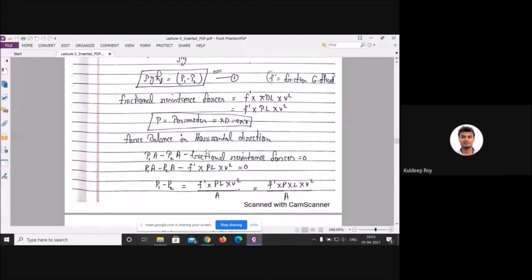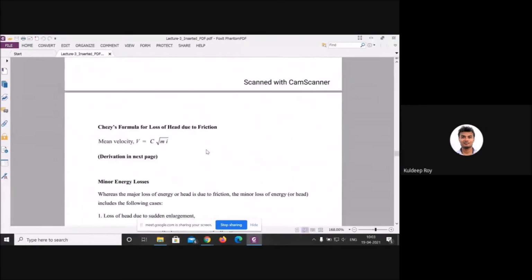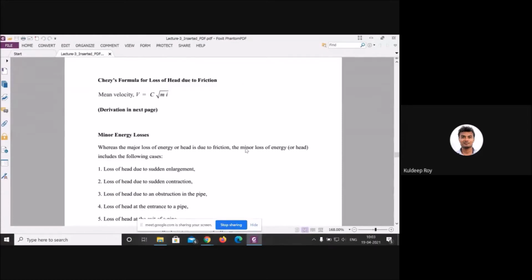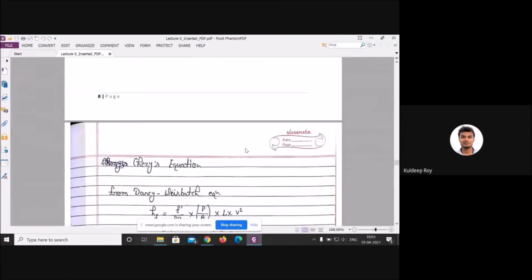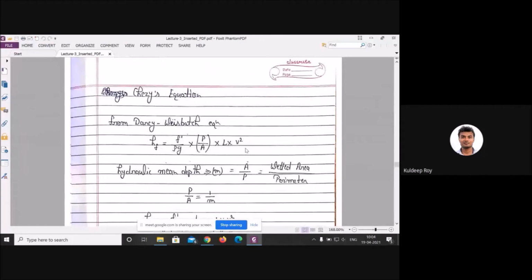Now second is the Chezy formula for head loss. As I already mentioned, how will you derive this equation?